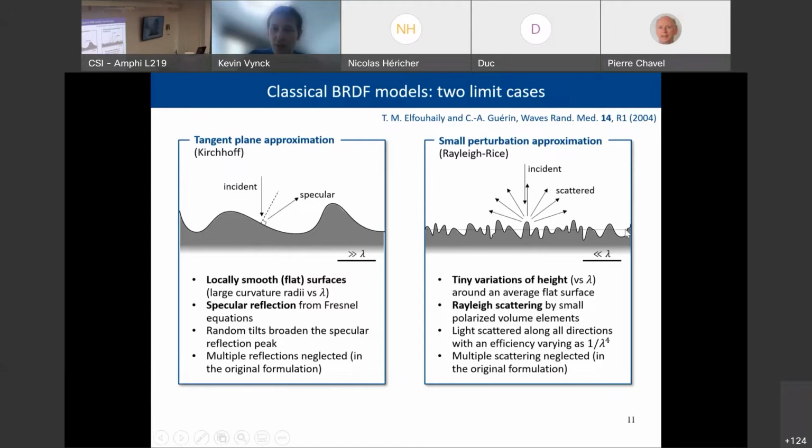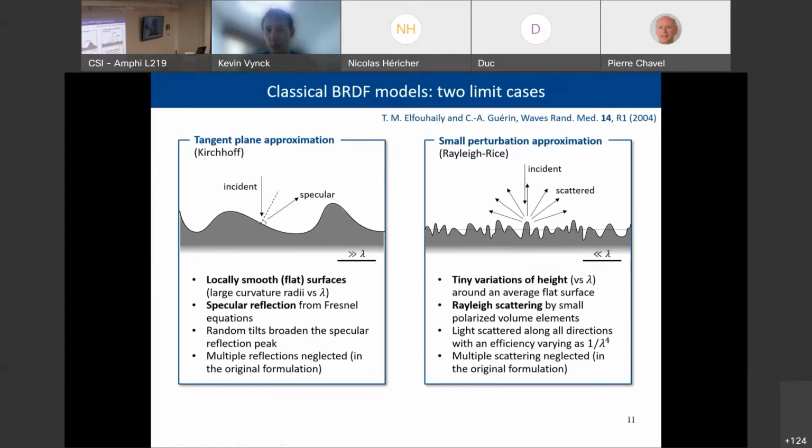The result is that the light is indeed scattered along all directions, with an efficiency that varies as 1 over the wavelength to the power 4. This is very typical of Rayleigh scattering, and this is actually what explains the blue color of the sky. It is found also for this kind of surface.